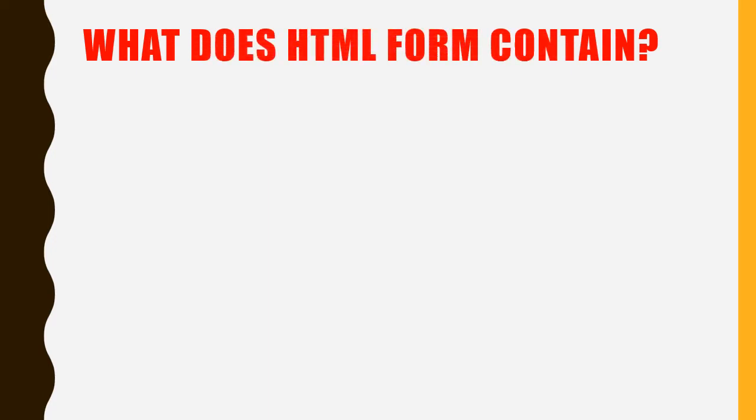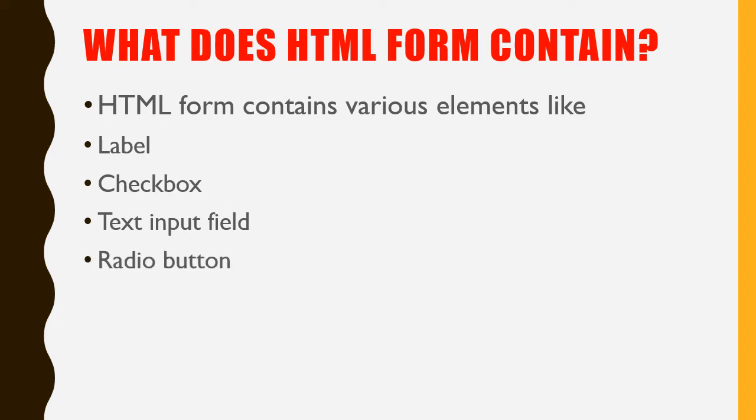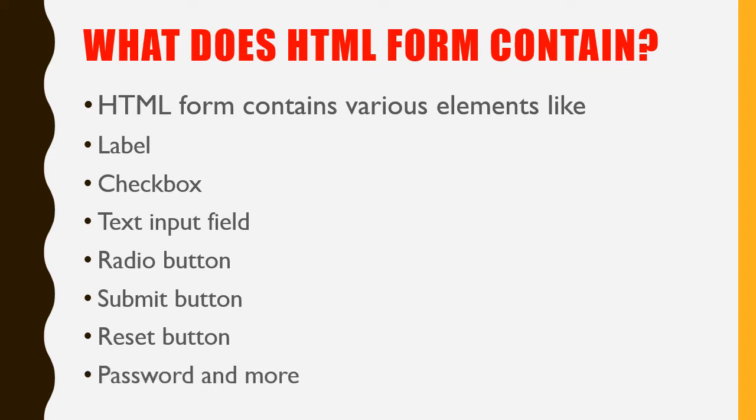What does an HTML form contain? An HTML form contains various elements like label, checkbox, text input field, radio button, submit button, reset button, password and more. The label is used to show a message so that the user will understand what to insert in the particular field.